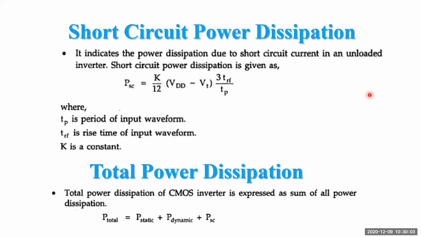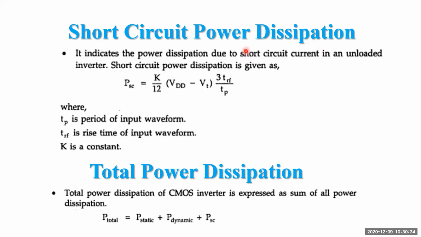In an unloaded inverter, whenever both PMOS and NMOS are turned on, a complete path is created from VDD to ground, and a direct flow of current takes place. That is the short circuit nature.